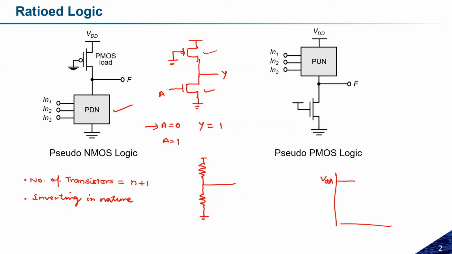The voltage at the output is nothing but, let's assume this is R1 and this is R2, Y will be R2 divided by R1 plus R2, into VDD. Now if R1 is equal to R2, then I will get half of VDD. So the minimum swing I will get is VDD by 2. Okay, so this will be the swing.